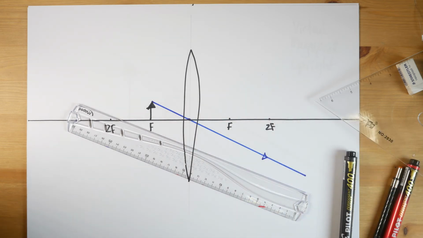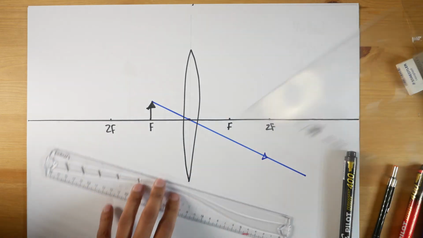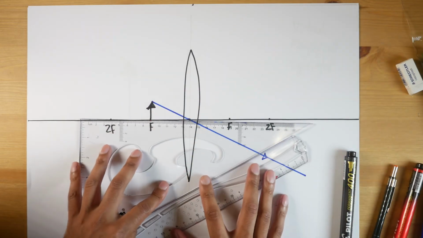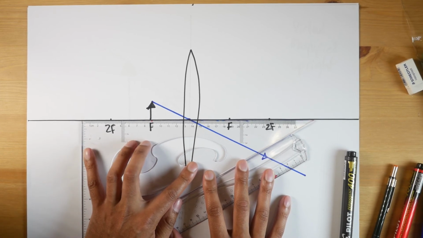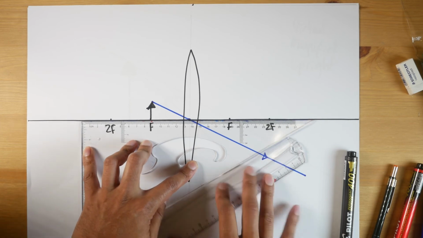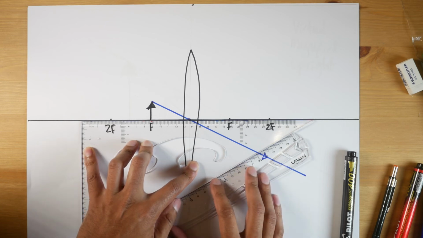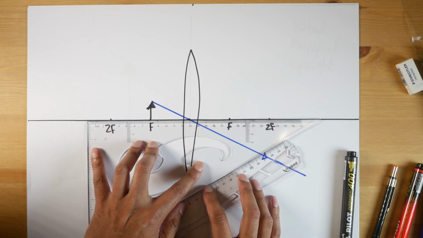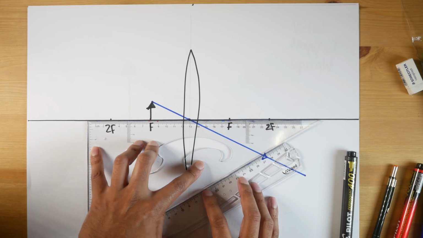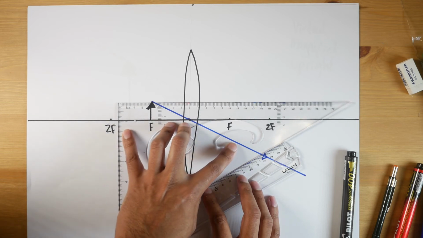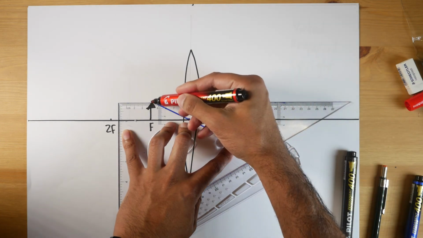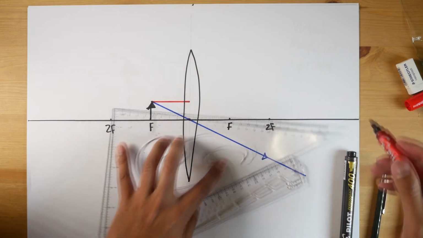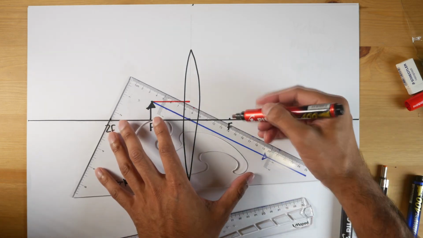The second ray of light I am going to do is going to go parallel to the optical axis. Like so.